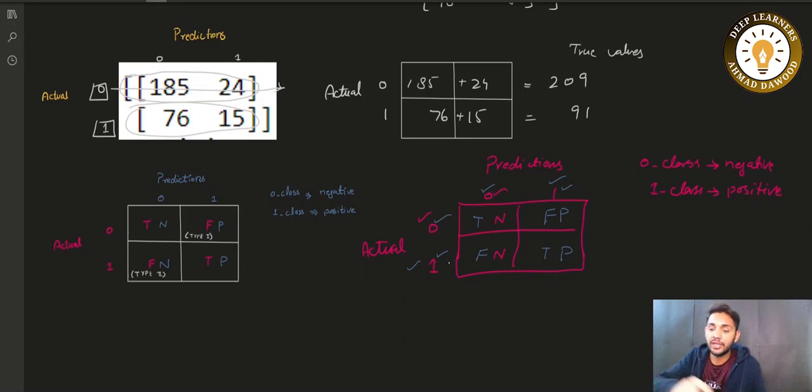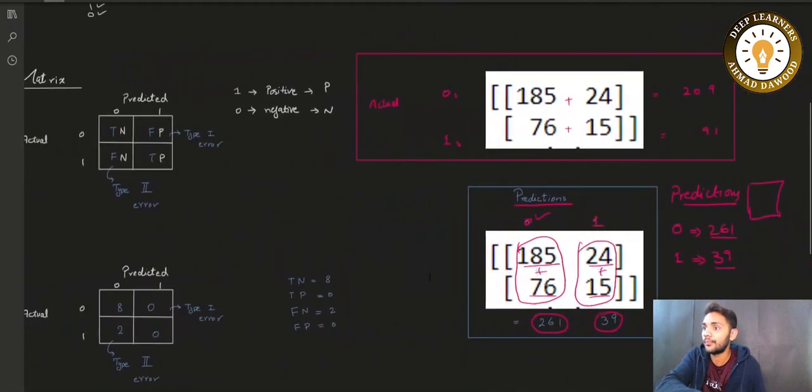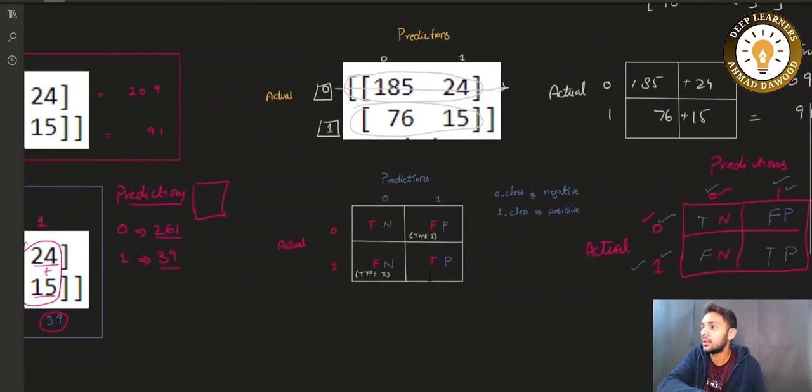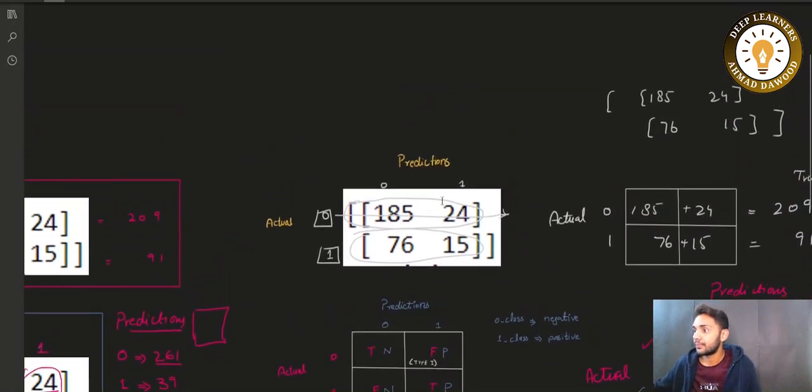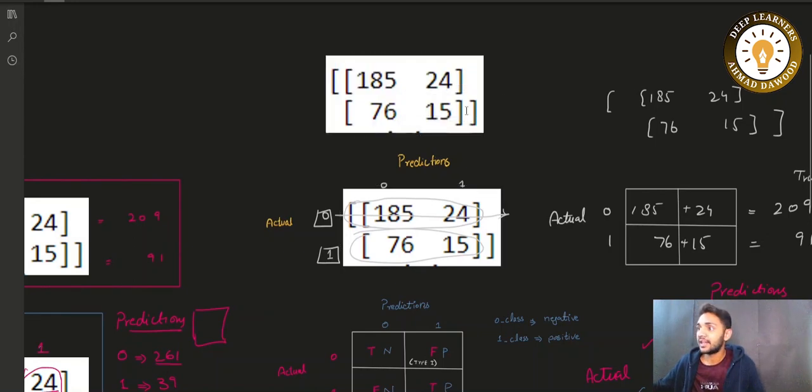Like in our case, in that model, if I show you here, you will see that your actuals are on this side, 0 and 1, and your predictions will be on this side, 0 and 1. Now the number of predictions that are true negative: your model has predicted 185 samples as negative, and these are actually negatives.